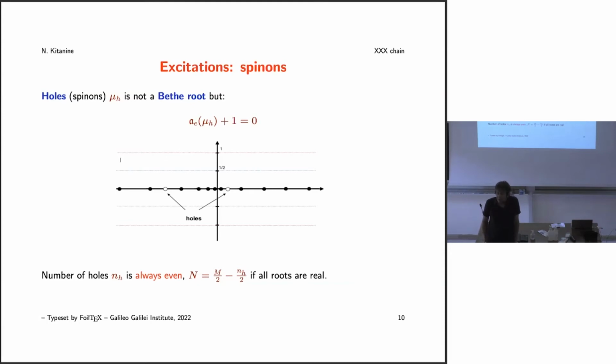The string hypothesis is very useful when you work at non-zero temperature. It works perfectly well there. But if you consider low-lying excitations about the ground states, that's the only case where it was more or less shown that the string hypothesis is wrong.